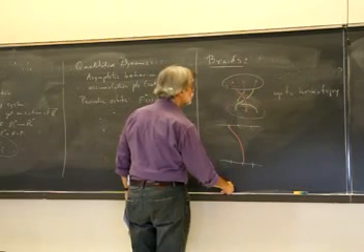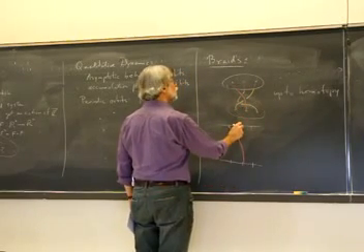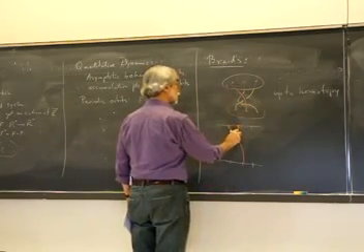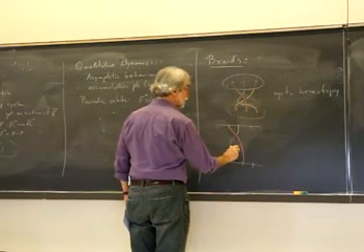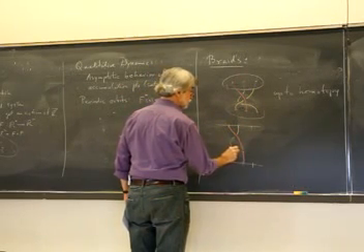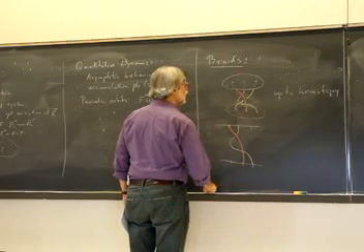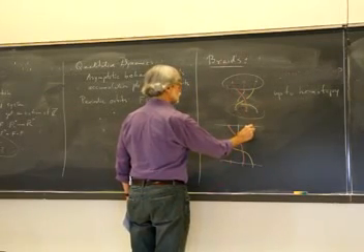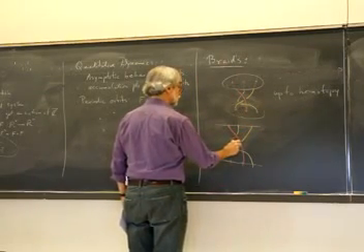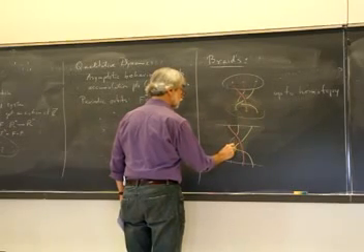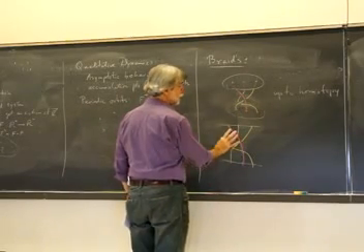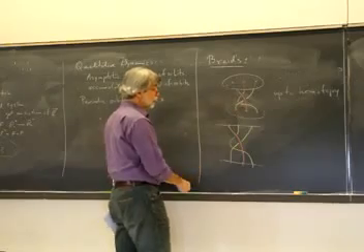Then the second one, which was yellow, goes here, goes behind this, and then here goes in front. Goes down there. And the third one comes down behind that, over this. So there's a picture which captures everything about this.